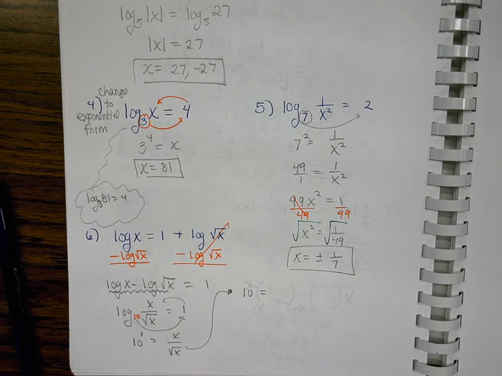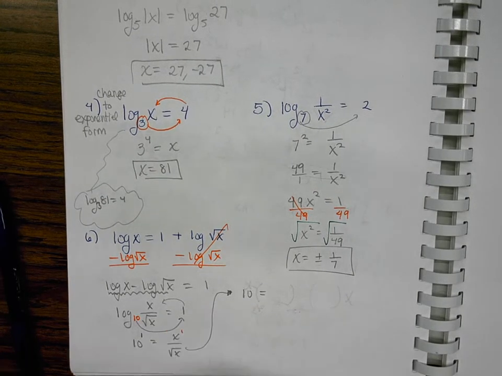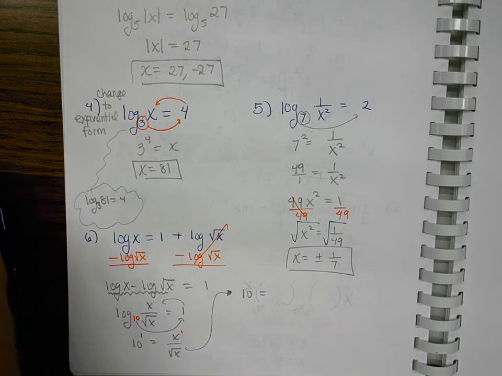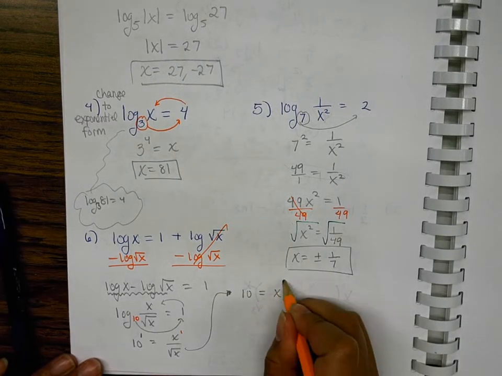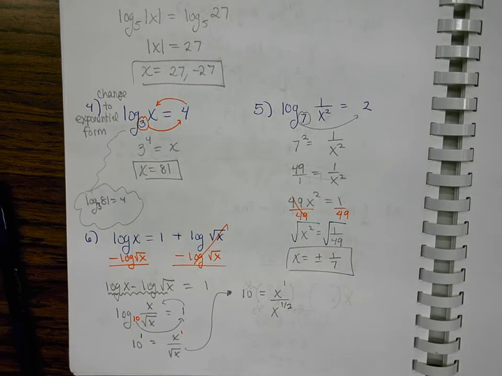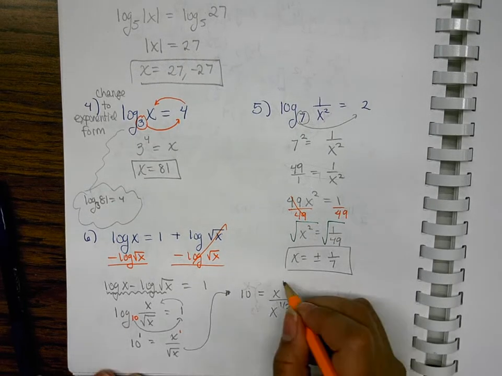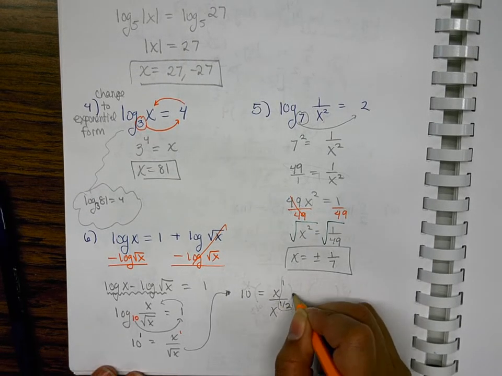Now it's up to you and how you want to do this. There's again multiple ways. I'm just going to do it this way. That's a 1. So I have x to the first power over x to the 1/2 power. Do you guys see how that works?